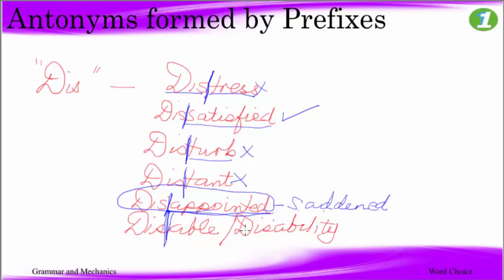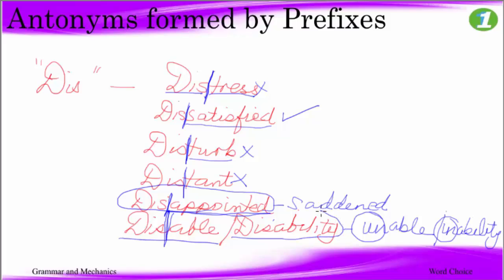However, if we want to say one is not able to do something, we do not use this as the antonym. The antonym that is used is unable. Or we will say somebody has an inability, there is an inability. So it's not dis that is used, but rather un and in.